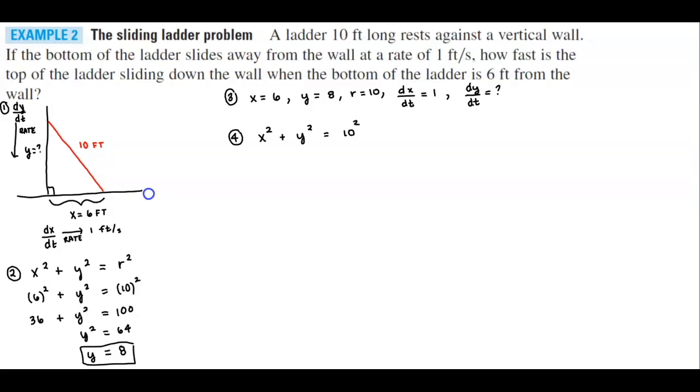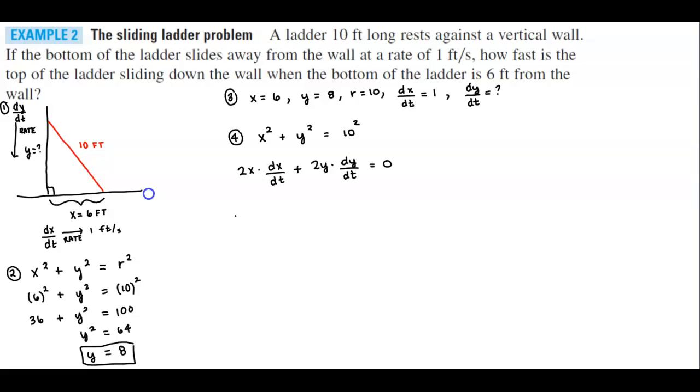If we take the derivative of x squared, it gives us 2x times dx over dt. Plus, if we take the derivative of y squared, that's 2y times dy over dt. And that's going to equal 0.